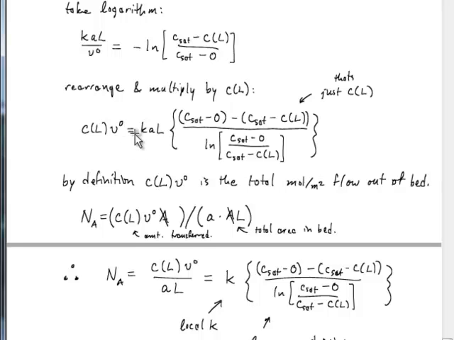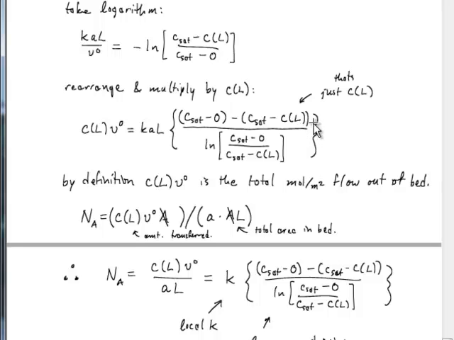And just using this result, we can show that this quantity must be equal to this quantity, right? So what is that thing in the numerator? I said we multiplied both sides by the concentration leaving the bed, and that's exactly what's up here in the numerator. So the CSATs cancel and leave you with the minus CL. So that's just CL in the numerator of this expression in curly brackets.